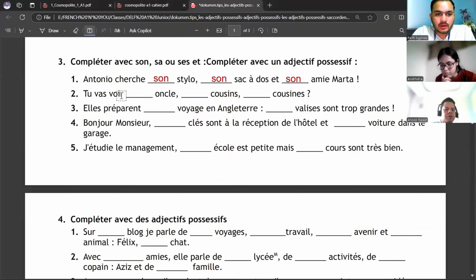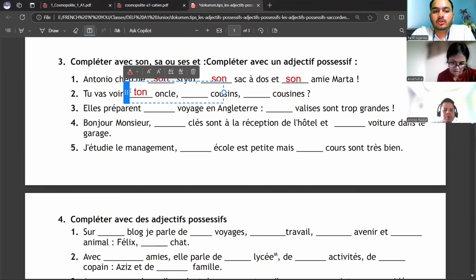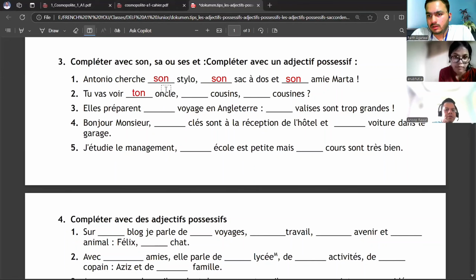Okay. Tu vas voir dash oncle. Oncle means uncle. So it will be ton oncle, exactement. Tu vas voir means you will see your uncle.